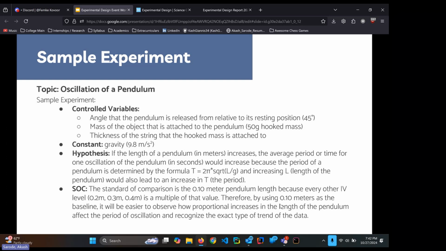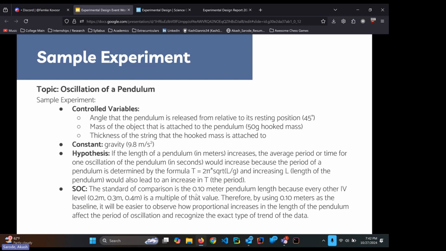And I said, therefore, by using 0.1 meters as the baseline, it will be easier to observe how proportional increases in length, so basically multiplying this baseline value to get other values, affect the period of oscillation and recognize the exact type of trend of the data.